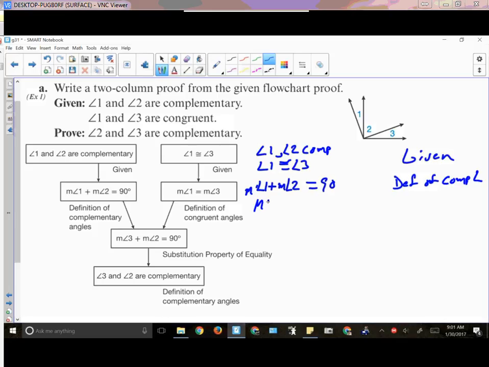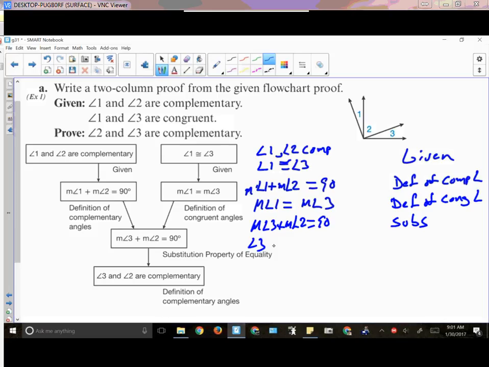Measure of angle 1 is equal to the measure of angle 3. Definition of congruent angles. Okay? So, what's the next statement that they got here? Measure of angle 3 plus the measure of angle 2 is equal to 90 degrees. Here they did substitution.